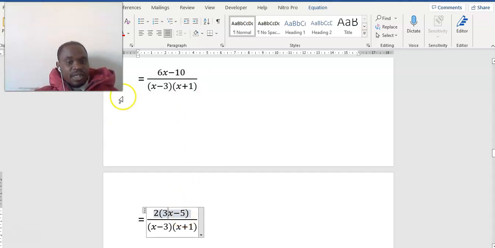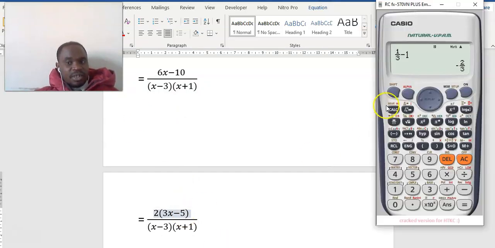Let me show you how you use the calculator to do this. You see this 6? You look for a number that can divide 6 and 10 without a remainder. So you try 6 divided by 2. You know 1 can divide all numbers without a remainder, so you don't use 1. So that is 3, né? Then you try 10.